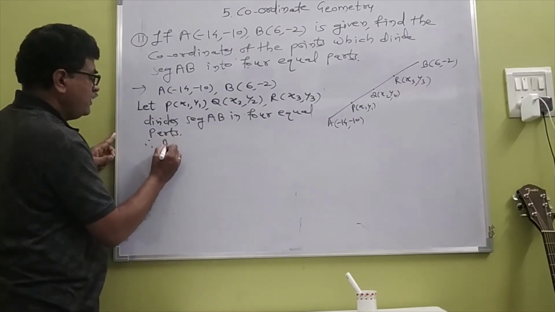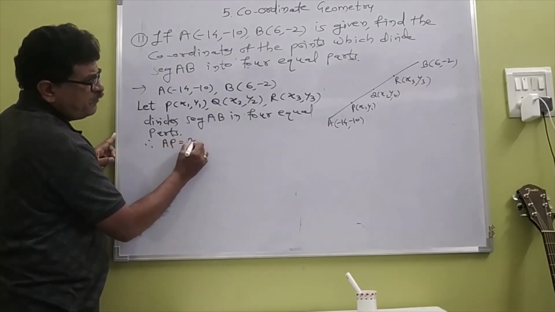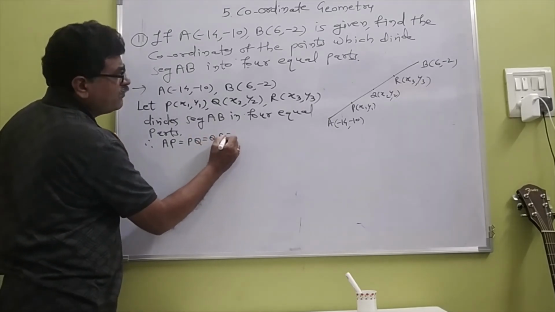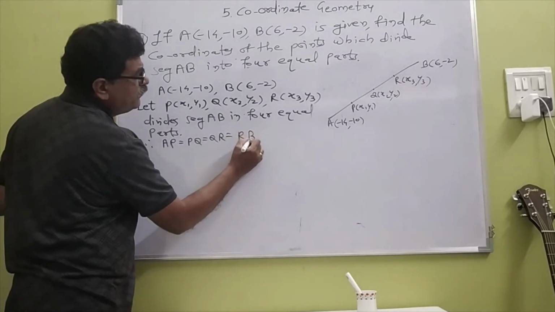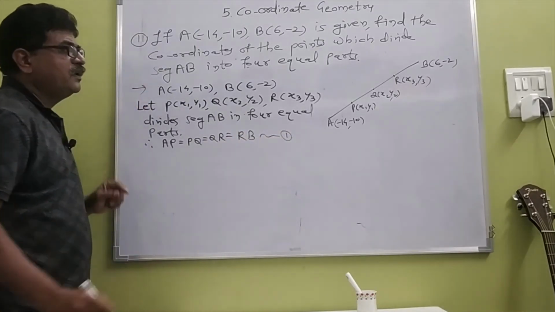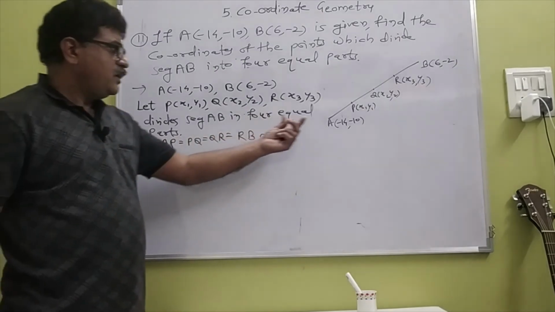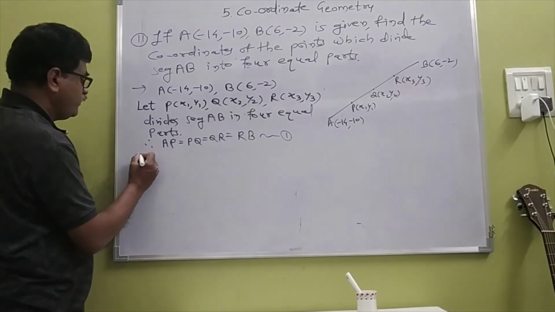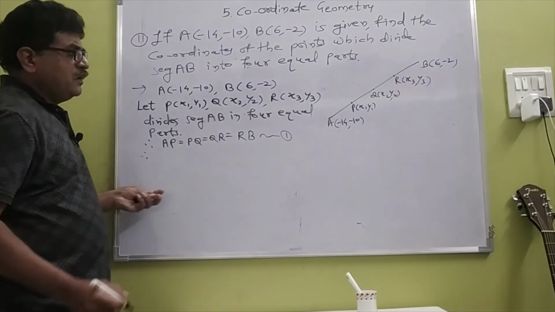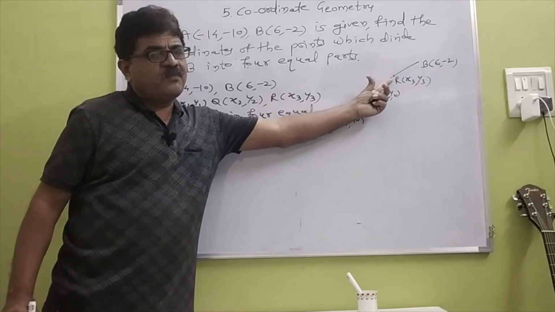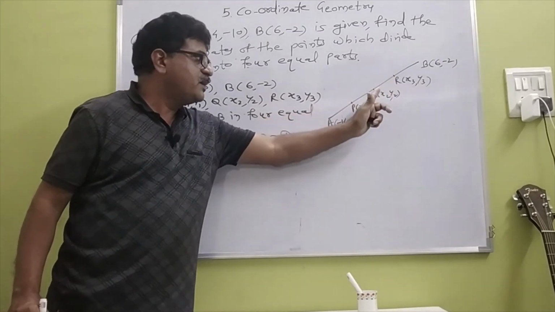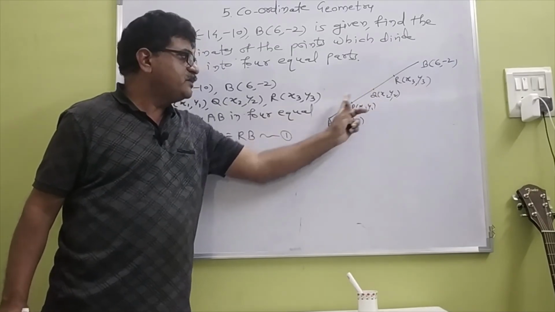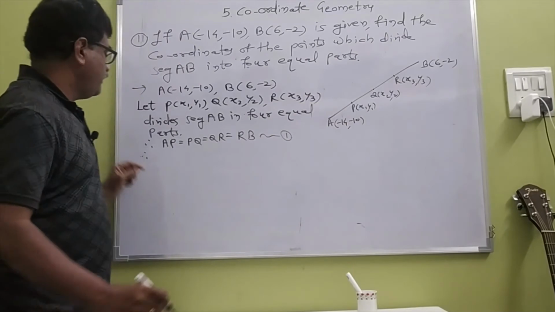Therefore, AP is equal to PQ is equal to QR is equal to RB. This is number 1. Now, since these 4 are equal parts, first we find the coordinates of point Q, that is, Q is the midpoint of segment AB.